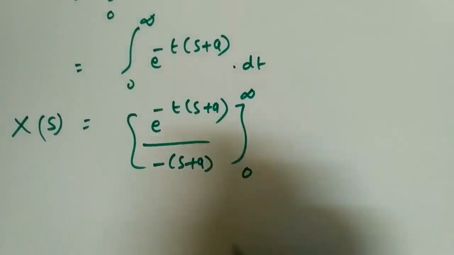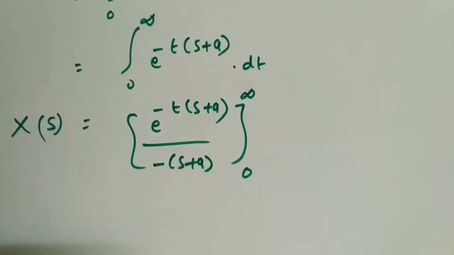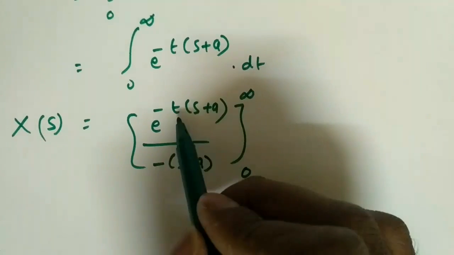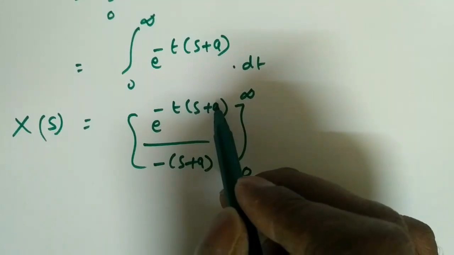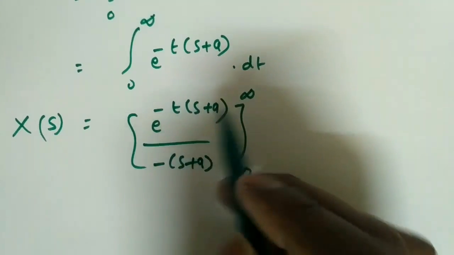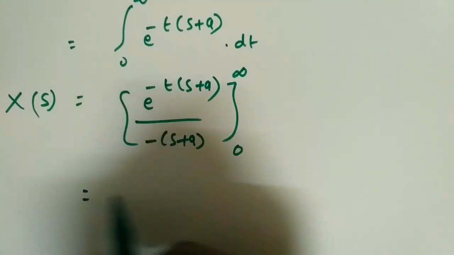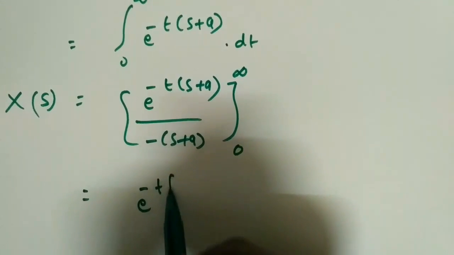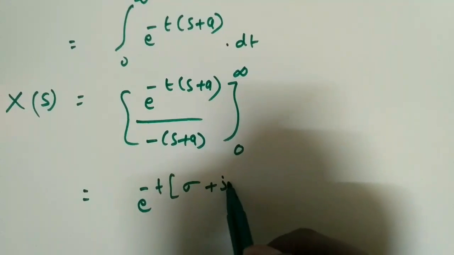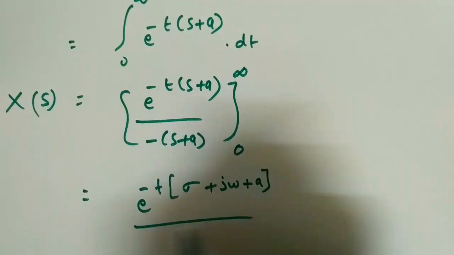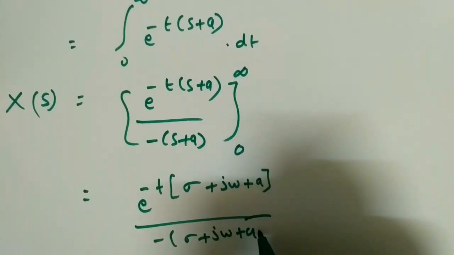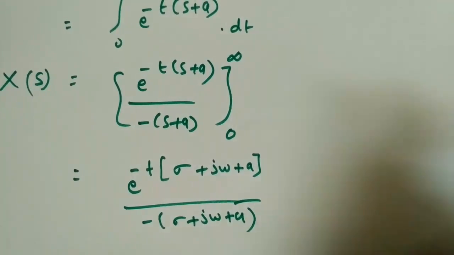Now we need to see that when we are substituting infinity, e power minus infinity will be 0, but inside there is a term, s is equal to sigma plus j omega, so we'll see it like this: e power minus t into sigma plus j omega plus a, divided by minus of sigma plus j omega plus a, right?